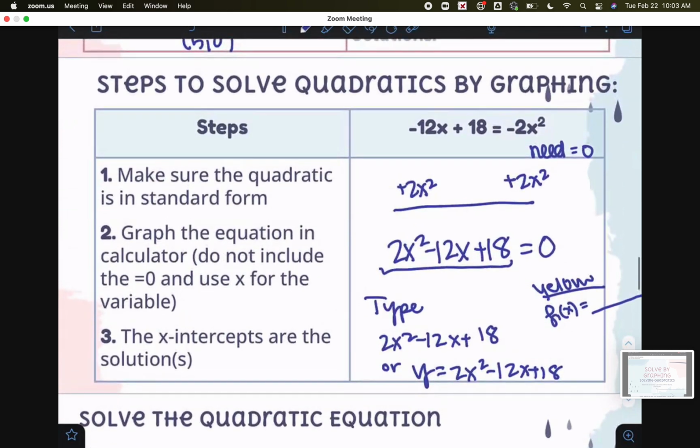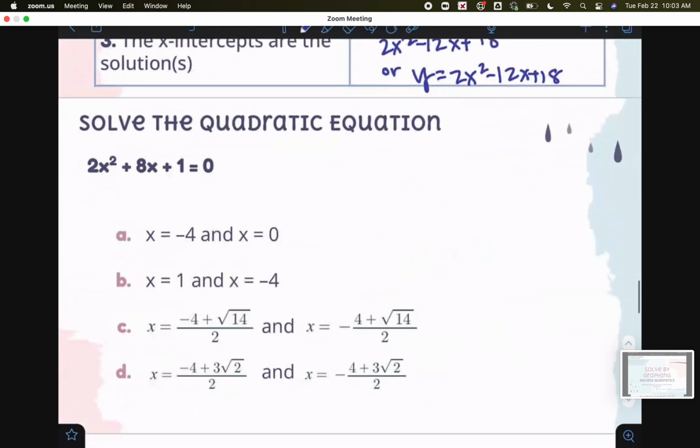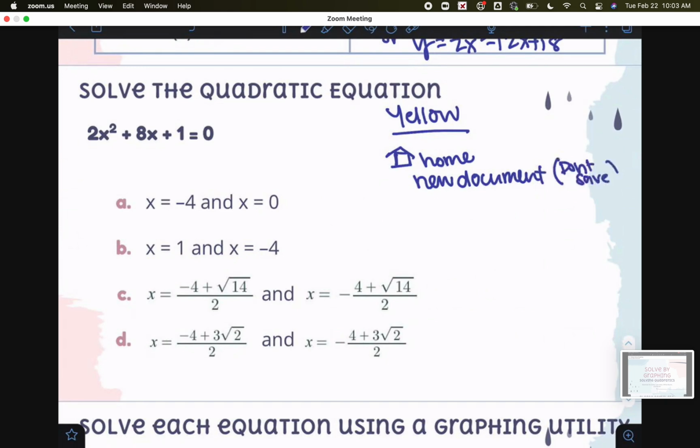If you're using your graphing calculator, your yellow calculator, to find the x-intercepts, I'll talk it through with you on this one. So, to use the yellow calculator, you're going to hit Home, New Document, Don't Save.